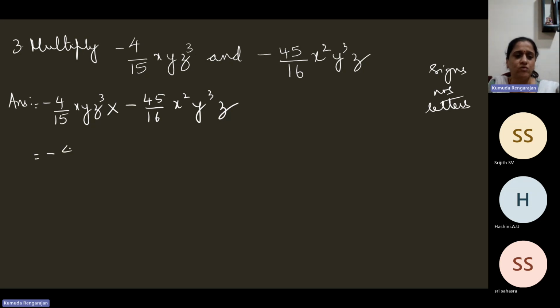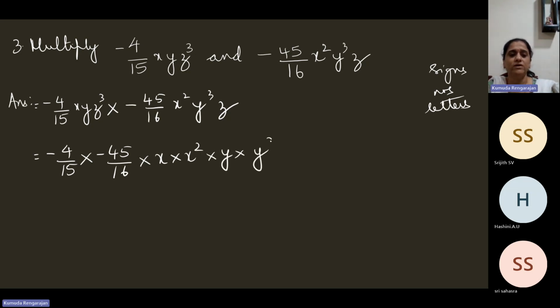Multiply the numbers: minus 4 by 15 into minus 45 by 16. Then multiply the letters: x with x squared, y with y cubed, z cubed with z.